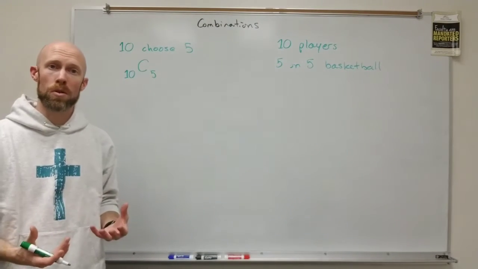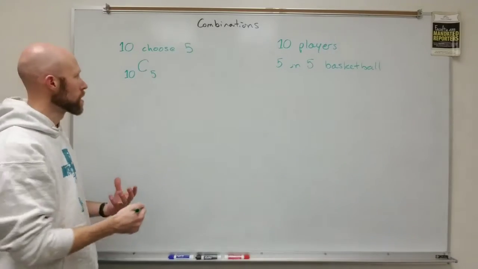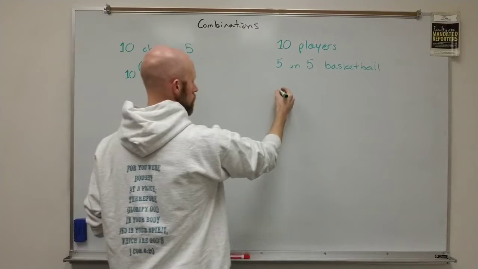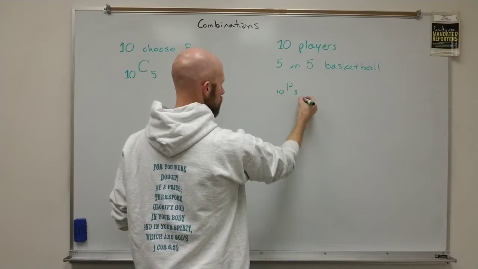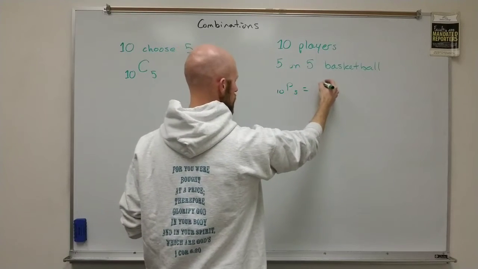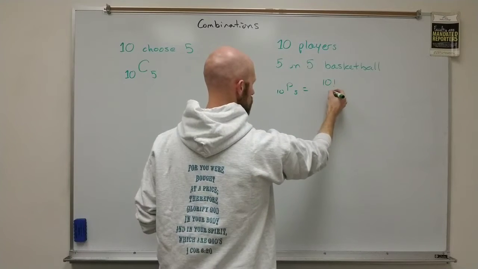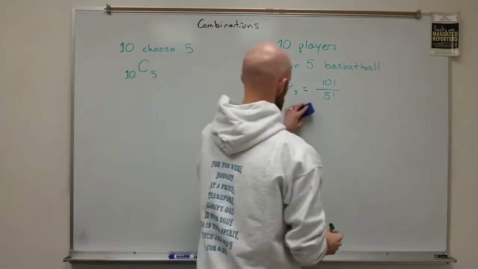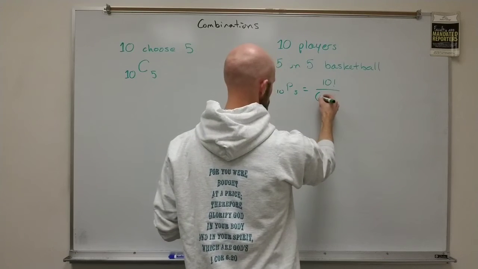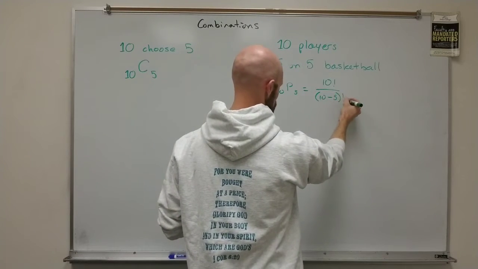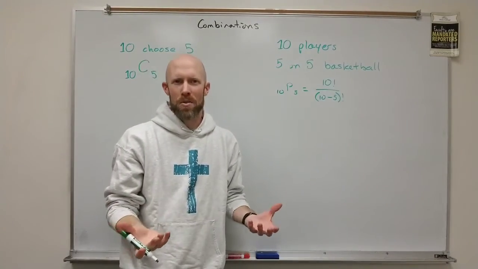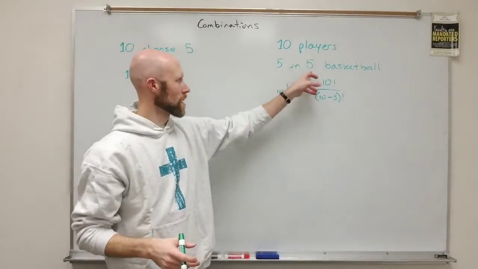Now, if the order was important, it'd be a permutation, and if this was 10P5, then the formula for that is 10 factorial over 10 minus 5 factorial. You do the subtraction between the two, which ends up being 5 factorial, but it's the other 5 anyway.